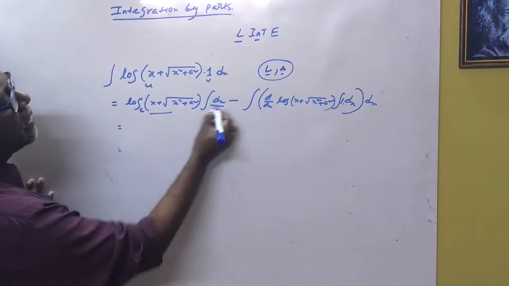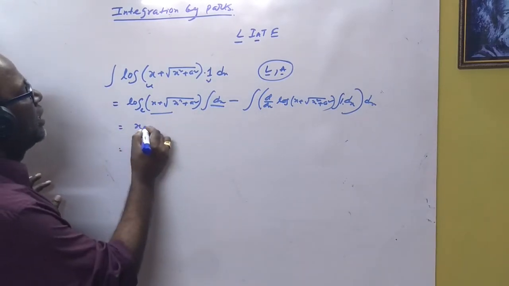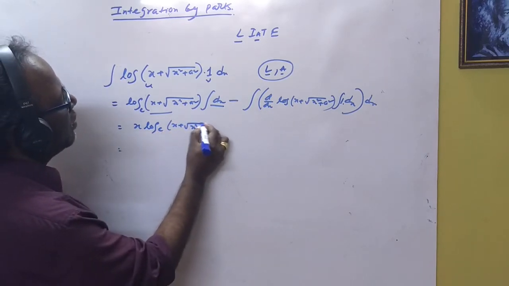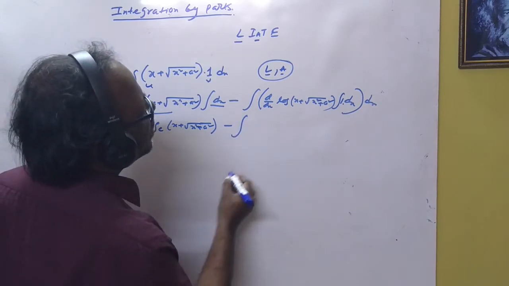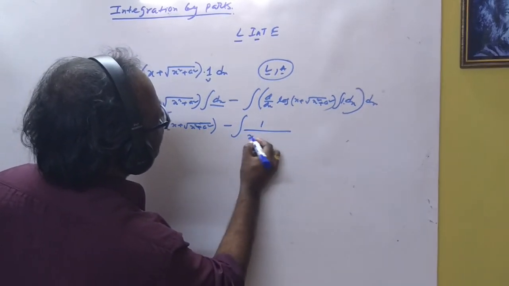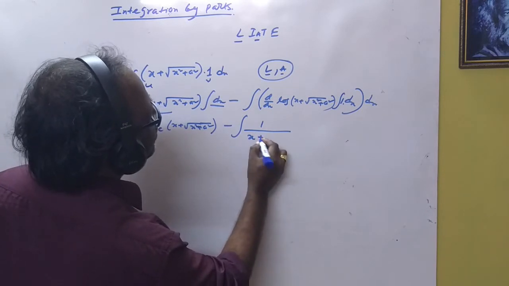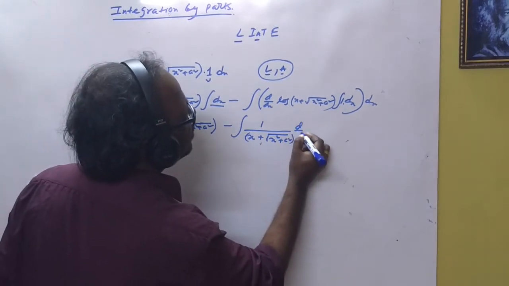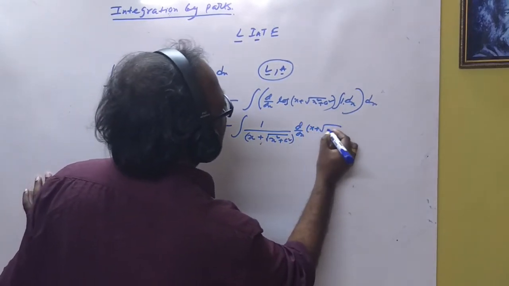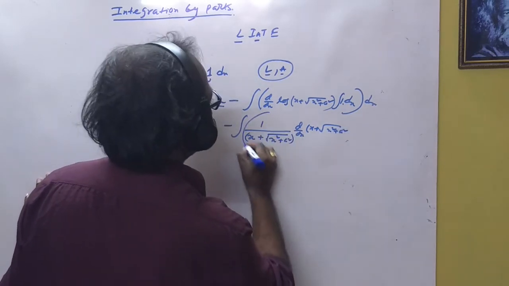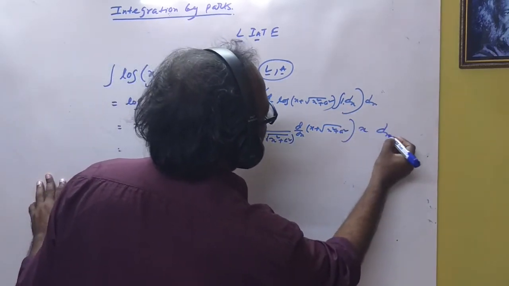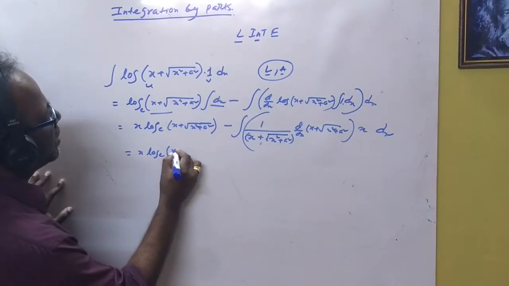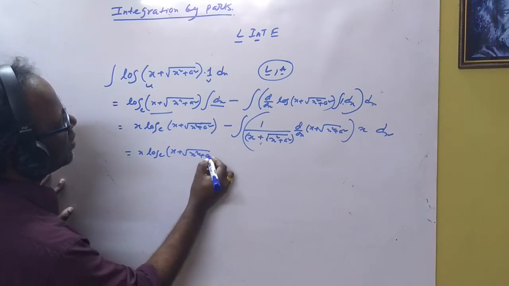And now see, the integration of dx gives x here, so x times log to the base e, and differentiate this logarithm function, the derivative is 1 by x plus root over x square plus a square, and again differentiate d by dx of x plus root over x square plus a square.